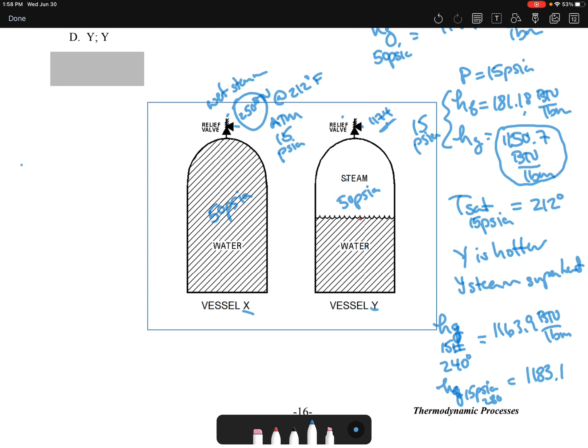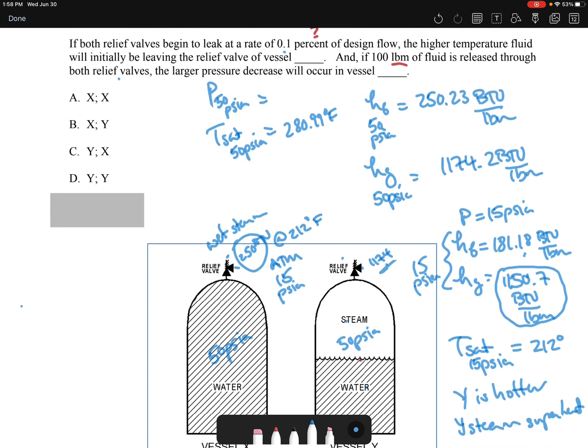This is all off table 3, page 15. And we have 1174 escaping. We know that we're going to be superheated somewhere in a range of 240 to 280. Now we could calculate that with interpolation, but why do that? We don't have to.